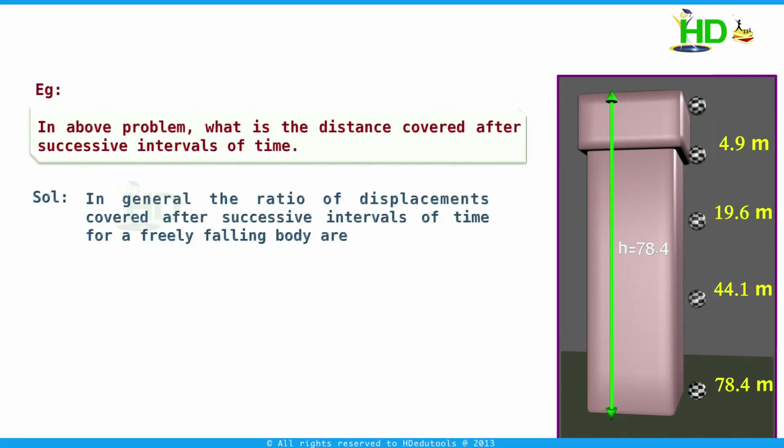In general, the ratio of displacements covered after successive intervals of time for a freely falling body, S1 : S2 : S3, etc., is equal to 1 : 4 : 9 : 16, and the last term is n square, since the displacement after t seconds is directly proportional to t square.